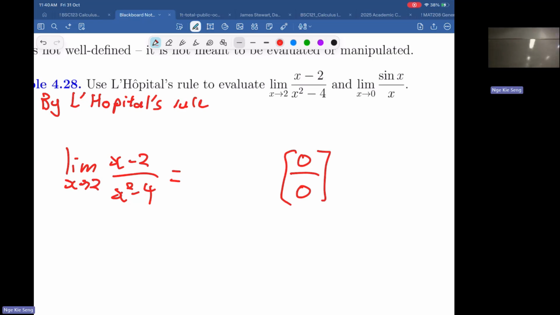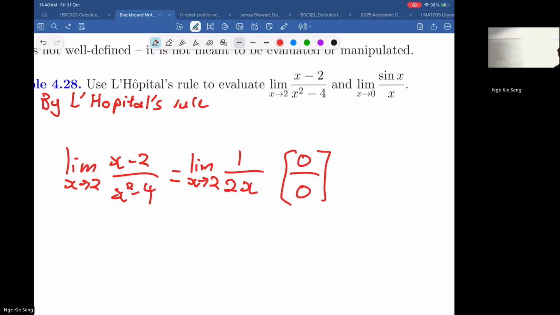So this is when you can use L'Hopital rule, by just differentiating the numerator and also the denominator, where these two limits are the same. Then you can compute this limit, right? 1 over 2x. It's continuous at x equals 2, so you get 1 over 4.